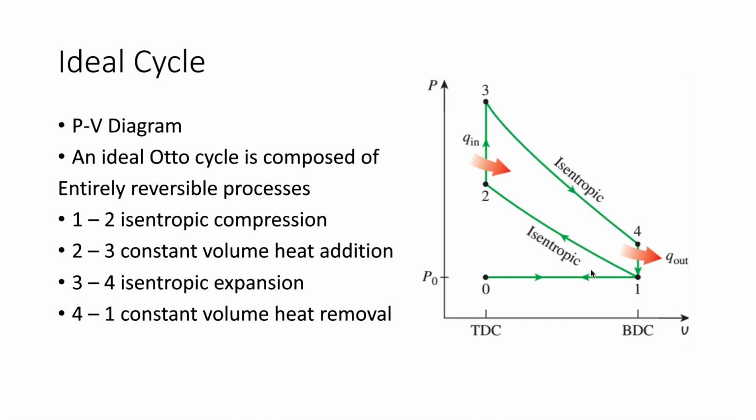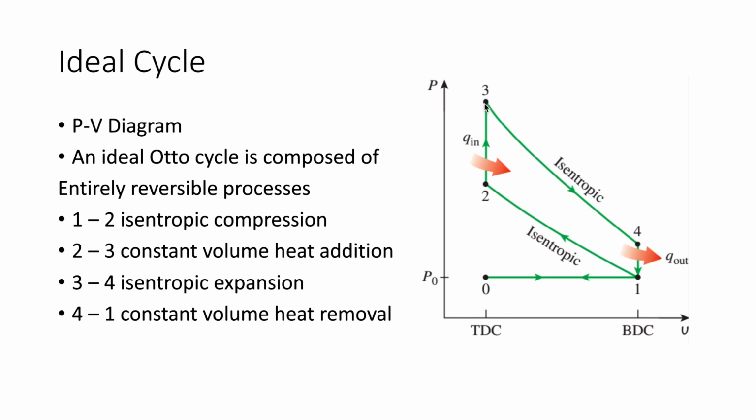From 1 to 2, we'll have isentropic compression. The volume changes at this point, and you can see at position 2, the piston head will be at top dead center. From 2 to 3, we'll model this as heat addition into the system. Normally this would be the internal combustion point, but for analysis purposes, we're going to model that as heat into the closed system.